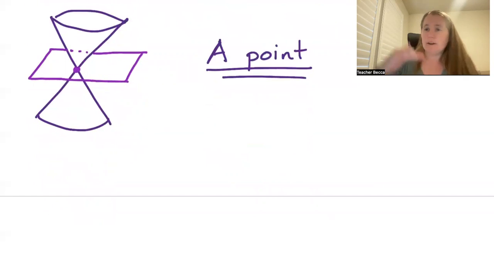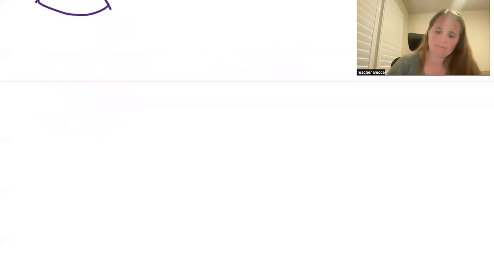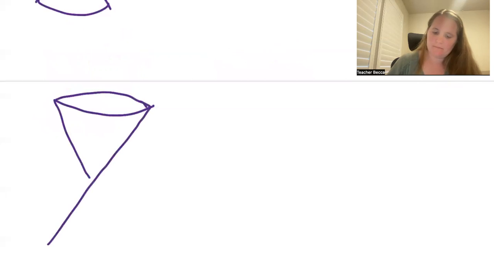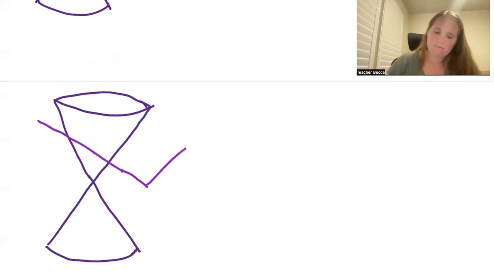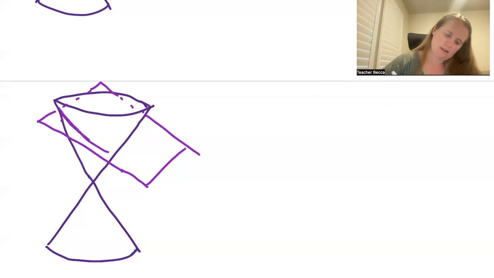If we take our sort of horizontal plane and tilt it slightly, the intersection is sort of on a slant.